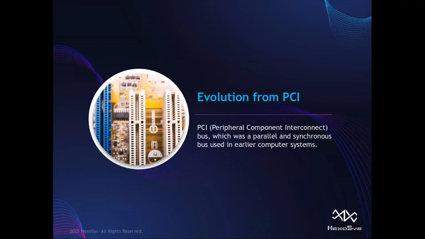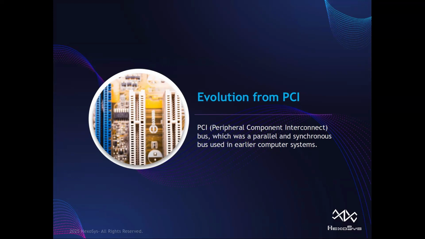As you may know, before PCIe, we had PCI, which was a parallel bus that could be shared between different devices. It was a parallel and synchronous bus, so it had a separate clock, and it also had some limitations, of course, in terms of fan out and the maximum speed that could be reached given its parallel nature.